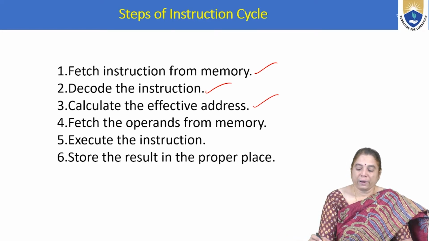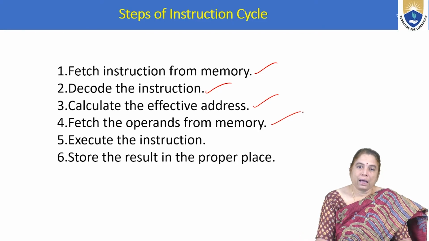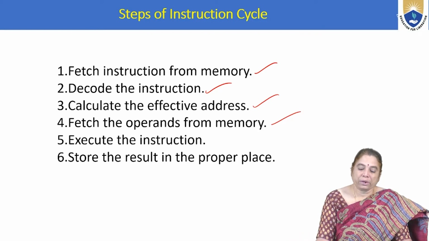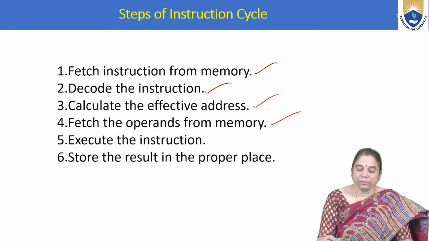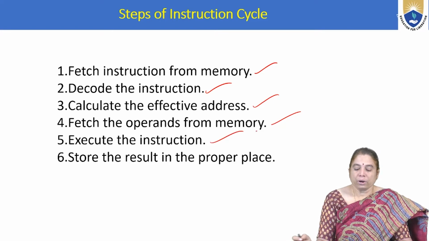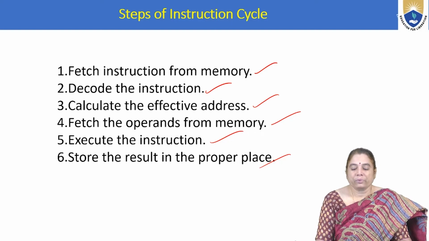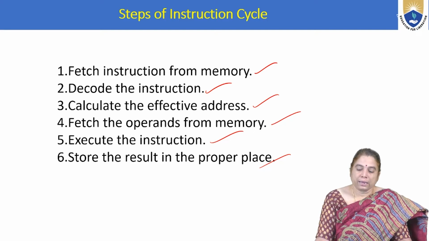Next, fetch the operands from the memory so that they are readily available to implement the operation. Then execute the instruction and store the results in the proper place. So these are the 6 steps used during the instruction cycle.